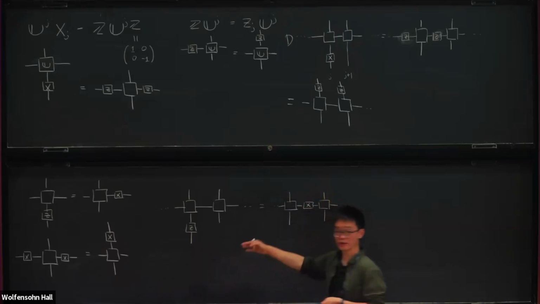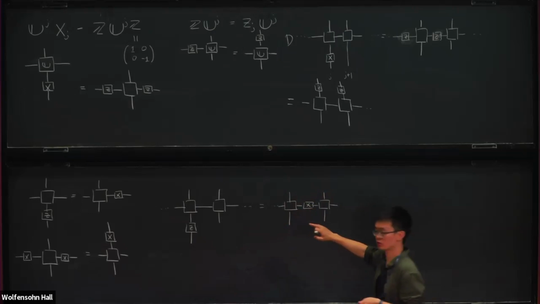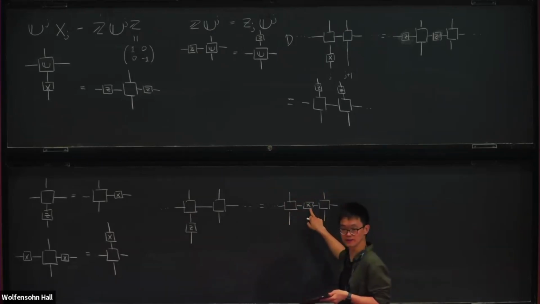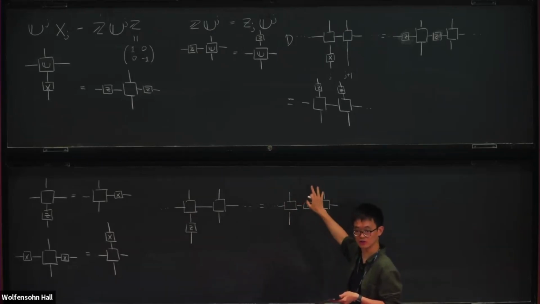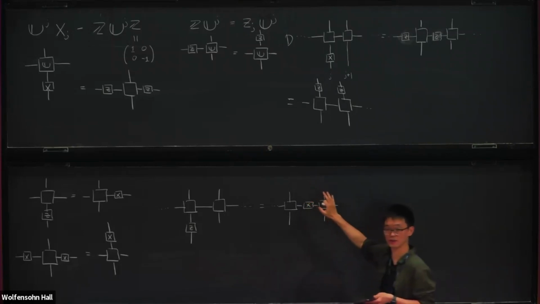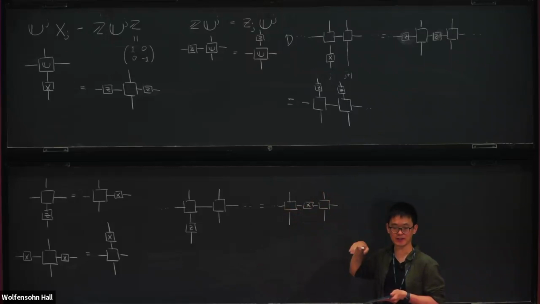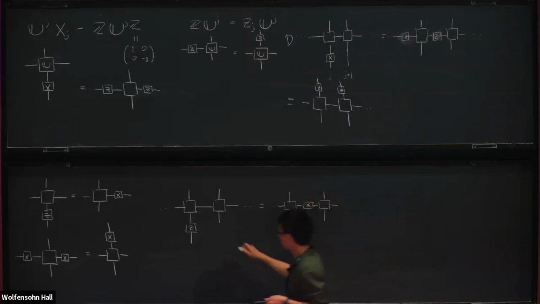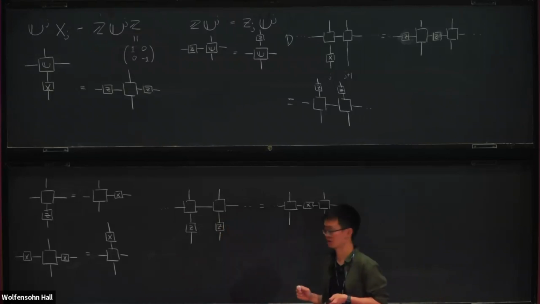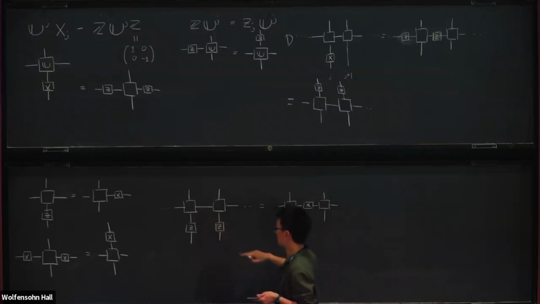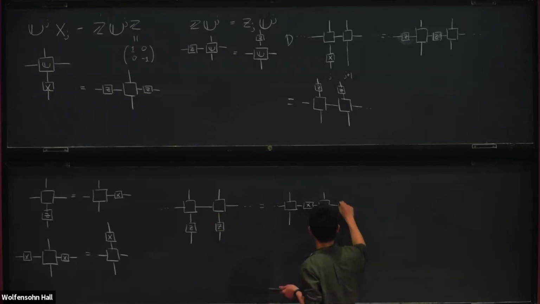But then there's no relation on the blackboard which can tell you how to move this X upwards. So you just have an X kind of stuck in this virtual space. If you have two Z's like this, the first one goes here, the second one will go here.